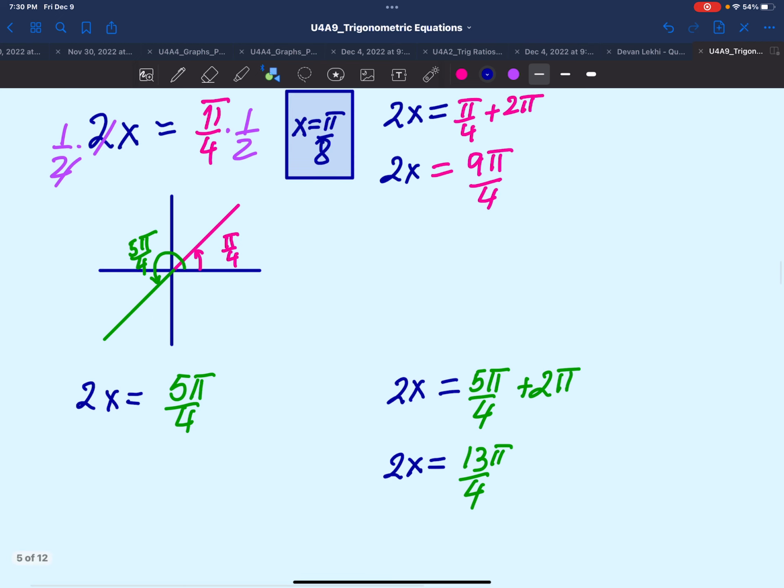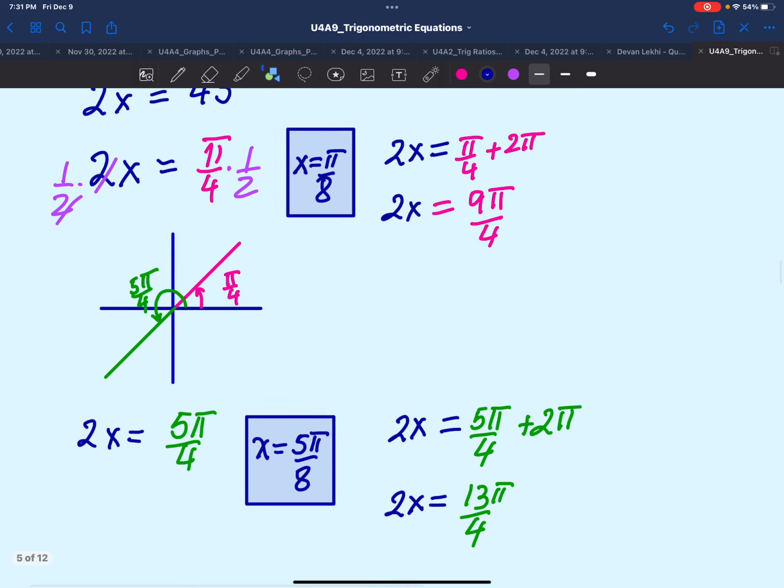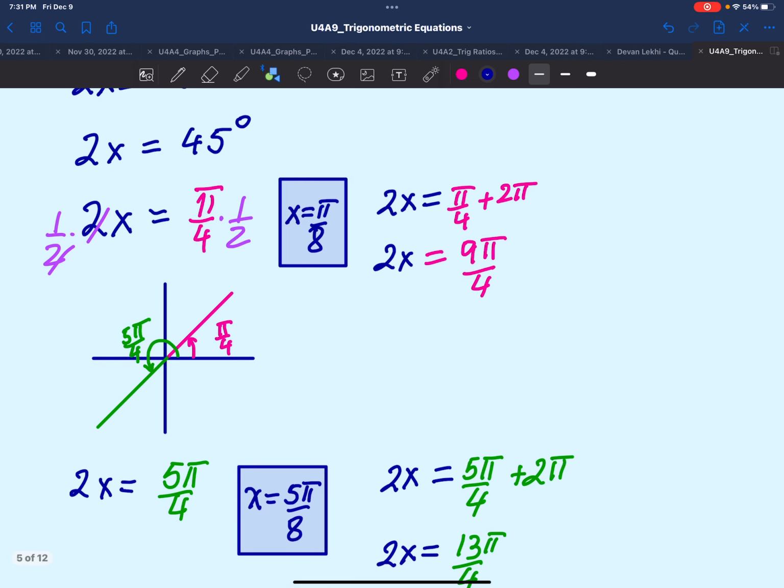So next we have 2x equals 5 pi over 4. Now we know the drill, so we are simply multiplying by 1/2, which is simply increasing or doubling the denominator, which means that x must be 5 pi over 8. Next we have 2x equals 9 pi over 4, which means x would equal 9 pi over 8.